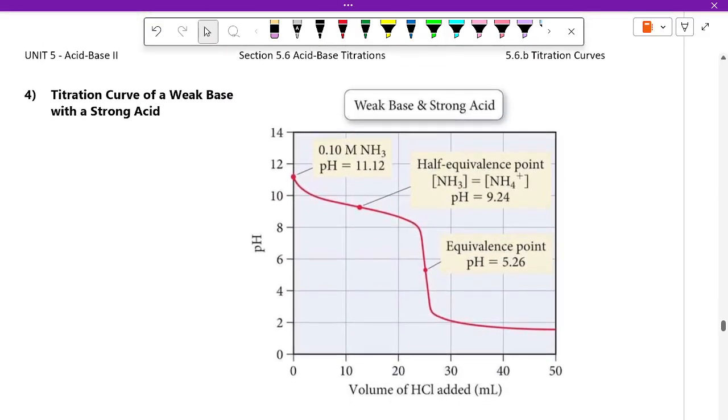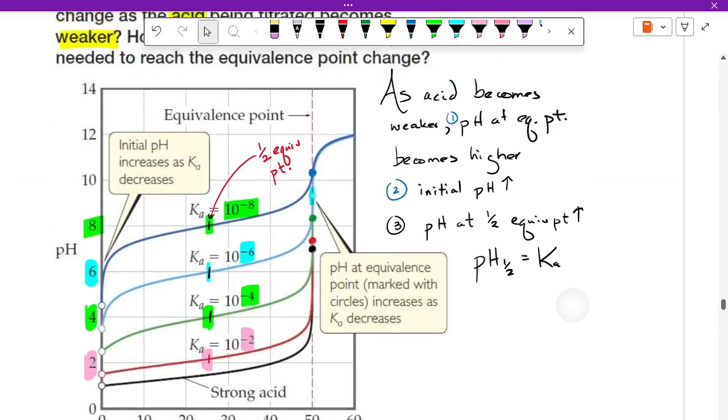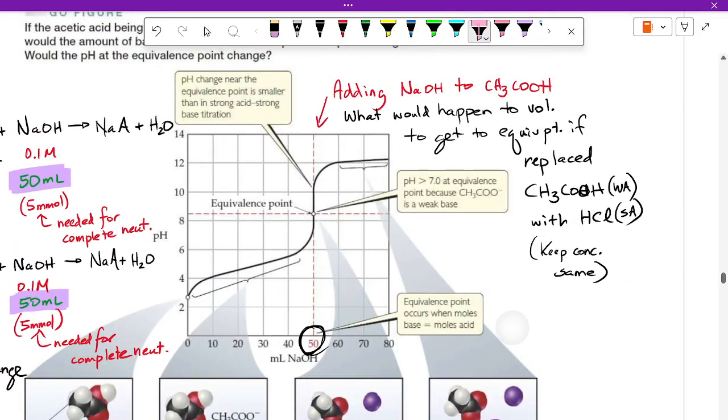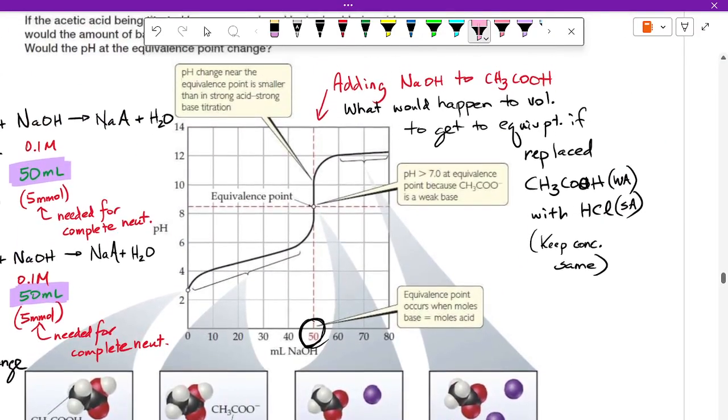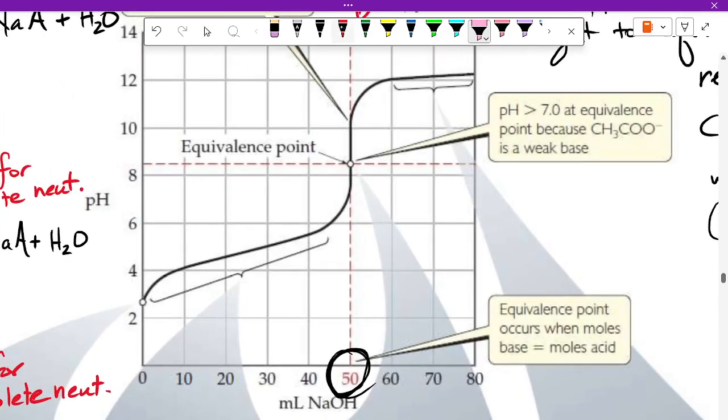And here is a titration curve of a weak base by a strong acid. And all we really do is we take this curve and we turn it upside down. So do you see how in the weak acid we have the little hill at the beginning is an uphill hill? Yes?